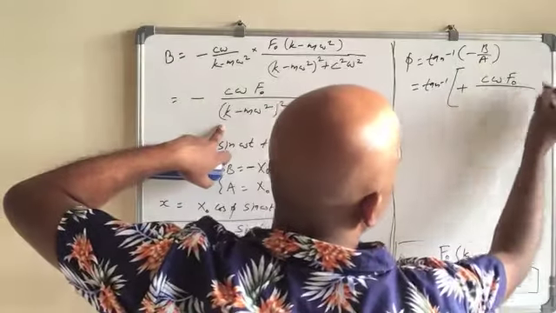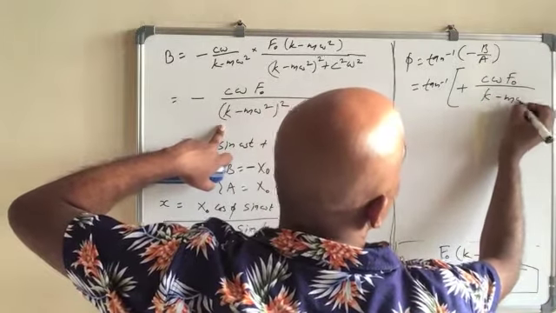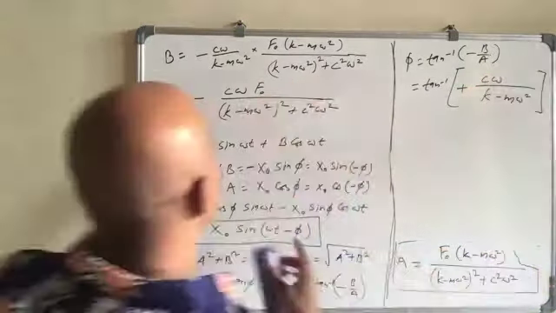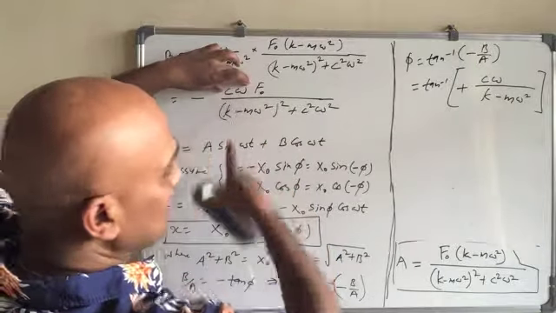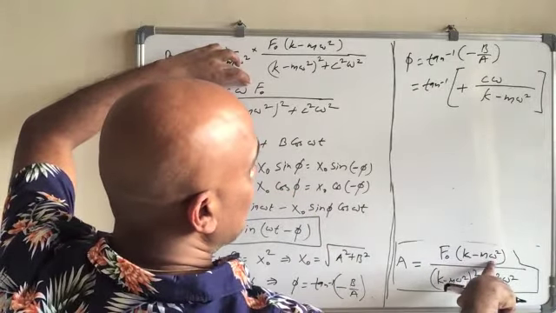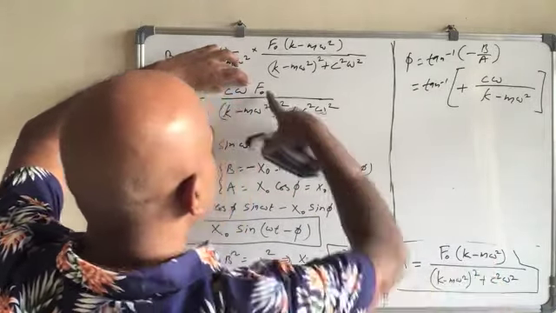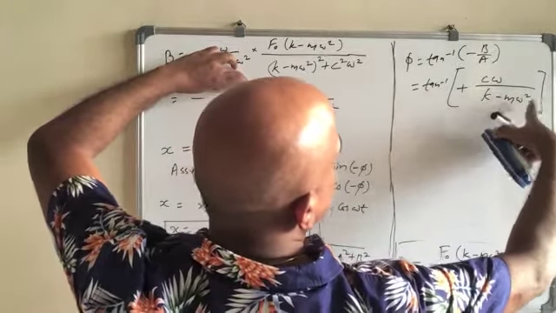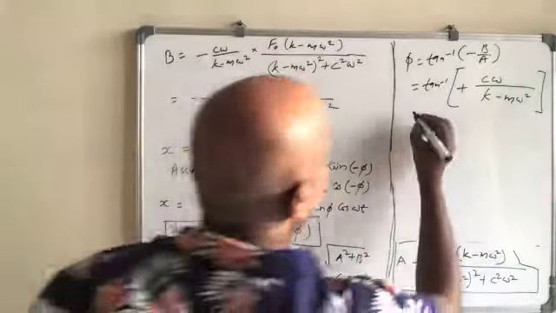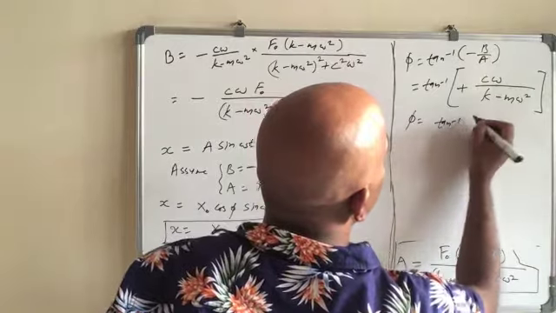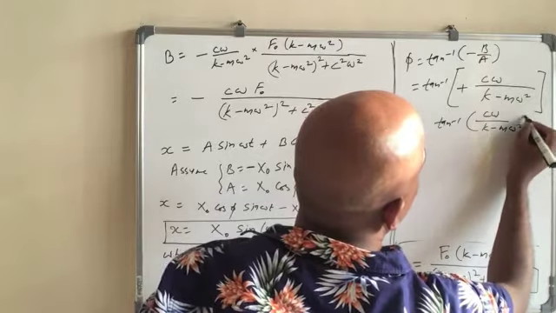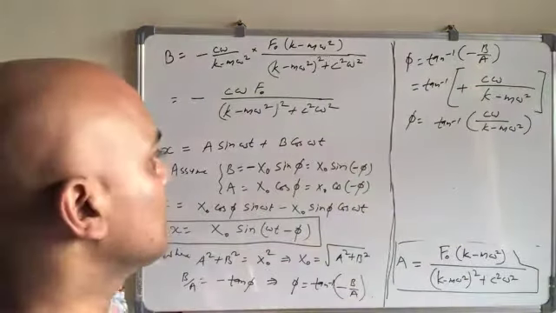What we will have is divided by k minus m omega square. So we have c omega, and k minus m omega square. The rest is common in both, so f naught cancels out. So we get tan inverse of c omega divided by k minus m omega square. This is our phi. So phi is simply tan inverse of c omega divided by k minus m omega square.